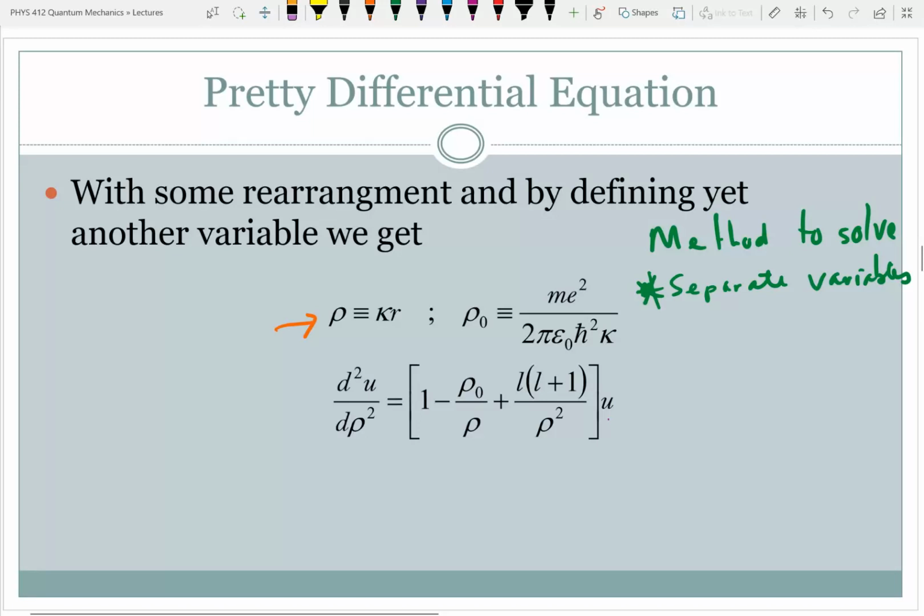Okay, another idea. Find a solution for a specific case. Think back to what we did before, the simple harmonic oscillator.